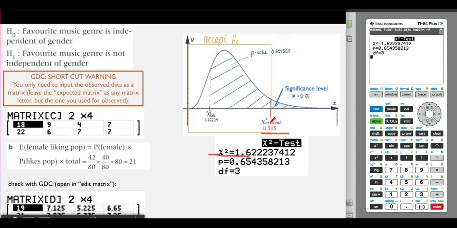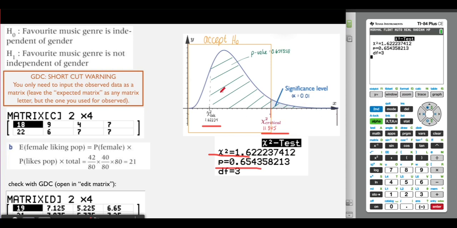I put these two on the number line, and I notice that the chi-square calculated value is definitely smaller than my critical value. So this would be in the region of accepting the null hypothesis. But I also want to test the p-value versus the significance level. The significance level in this question was 0.01, and I will compare that to my p-value.